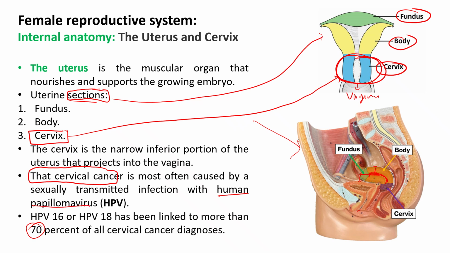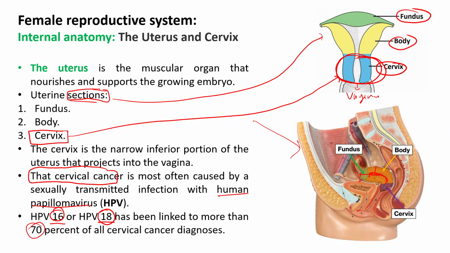Human papillomavirus is a sexually transmitted disease that, of course, you get through sexual intercourse. Not all the papillomaviruses will cause cervical cancer, but the types of human papillomavirus that are associated with cervical cancer are 16 and 18.